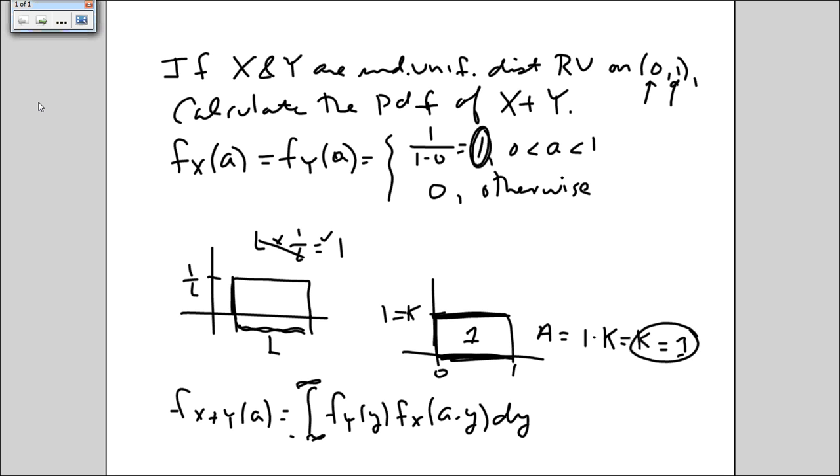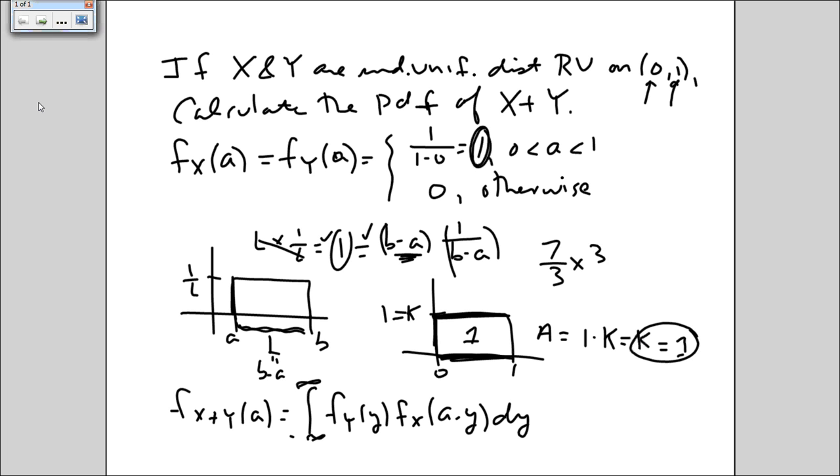It's 1 over B minus A. If I said L was B minus A, that's the base, times the height is 1 over B minus A. Sure, we get 1. That is, the height is always going to be the reciprocal of the base. If the base is 7/3, the height should be the reciprocal. You get 1. Even if you don't know what 7 times 3 was, it's certainly the same as 3 times 7. When you divide the same quantities, you get 1.